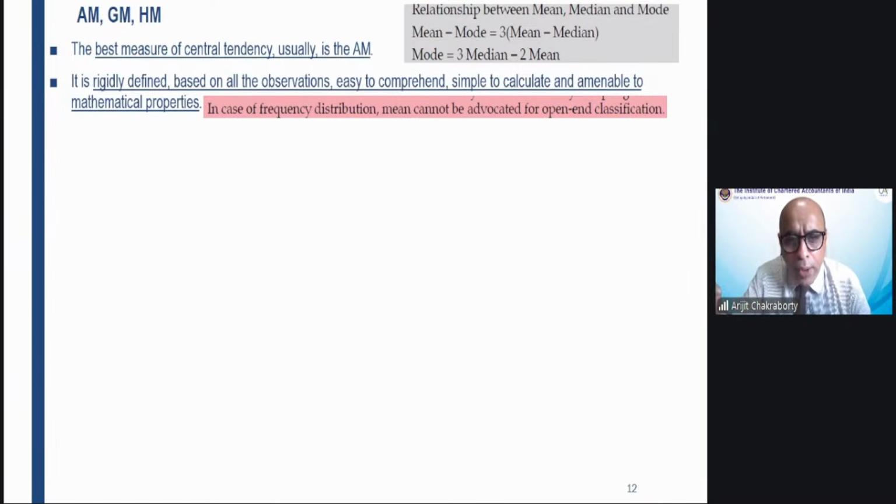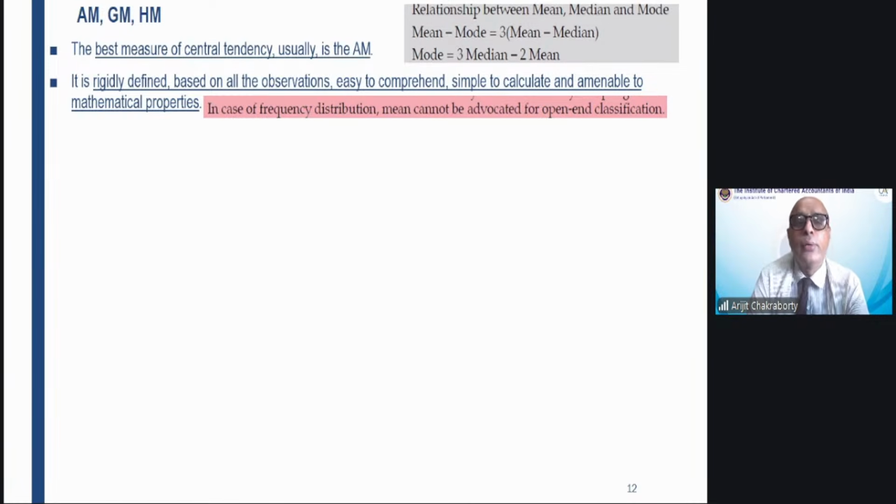Now coming to the final conclusion as to which one is the best, the most superior. We see AM comes out as a winner, because it is a best measure.